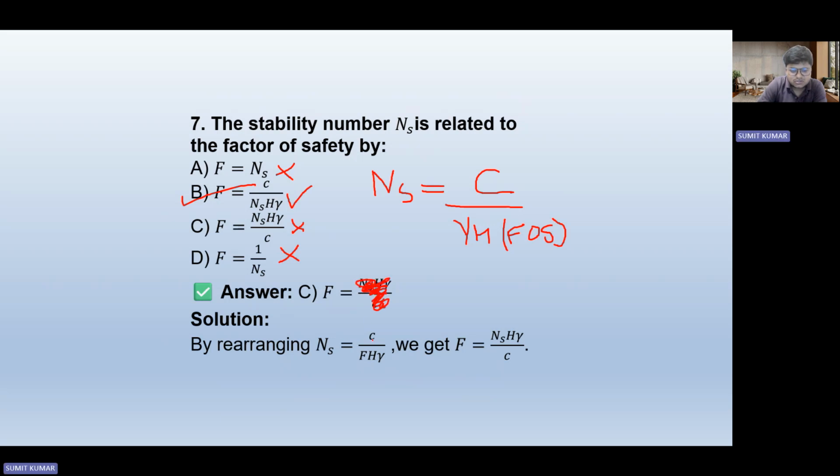Ns equals c by gamma H F, so F equals c by Ns gamma. This is wrong. And this is also wrong. So the answer I have mentioned is the correct answer, that F equals c by gamma H Ns.